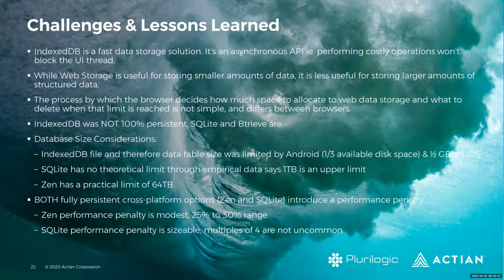But then you have to have a telephone with 1 terabyte of storage, so that's pretty rare, I would say. And finally, both persistent cross-platform options, Zen and SQLite, introduce a performance penalty. Although for Zen it's modest, very close to IndexedDB, while for SQLite it is quite noticeable.